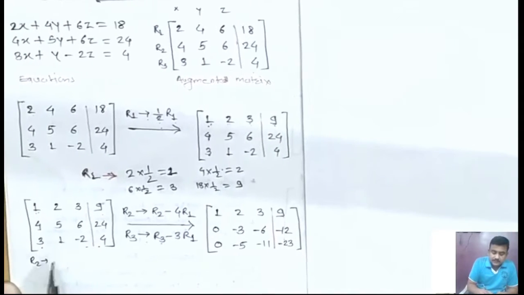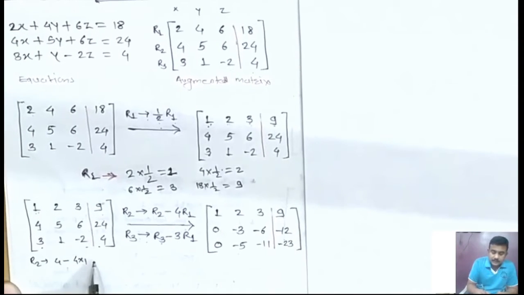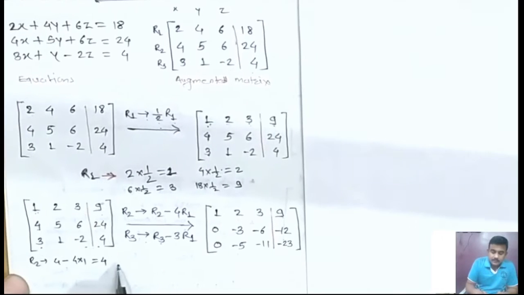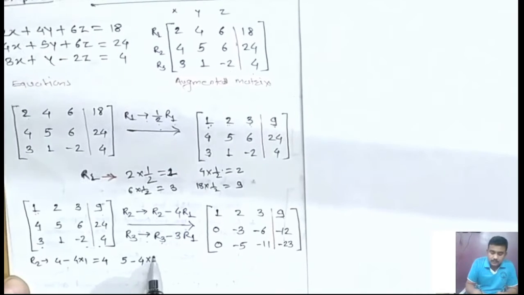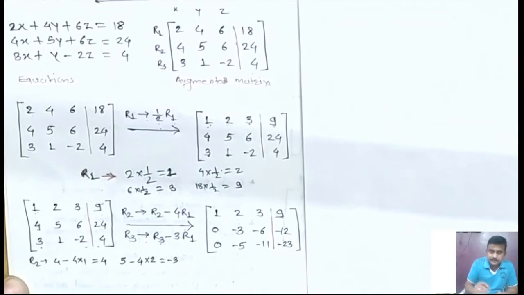Now row 2. Row 2 changes to row 2 minus 4 into row 1. The first element: 4 minus 4 into 1 equals 0. Second, 5 minus 4 into 2, that is 8, the result will be minus 3.